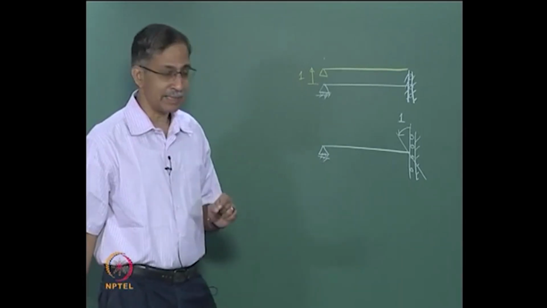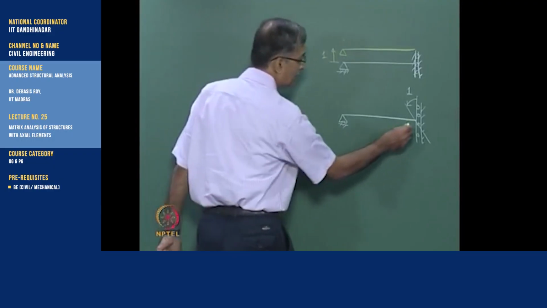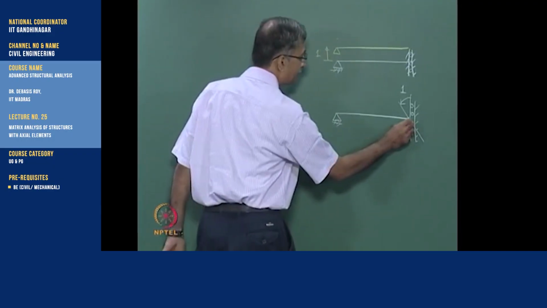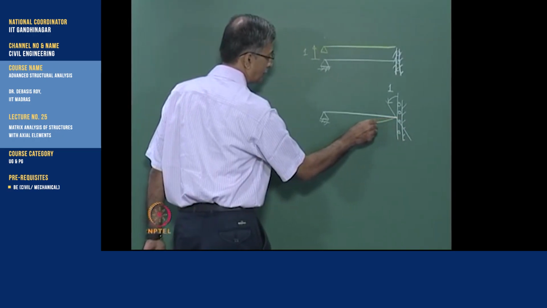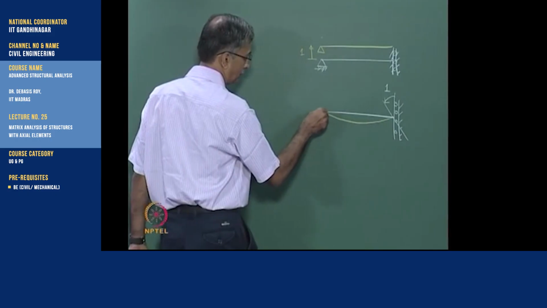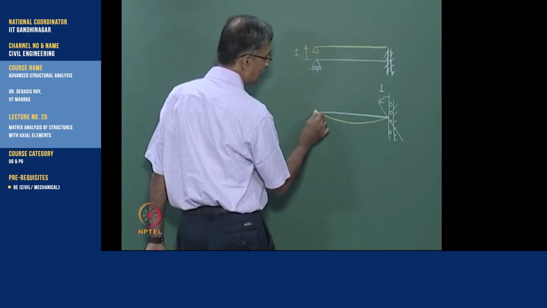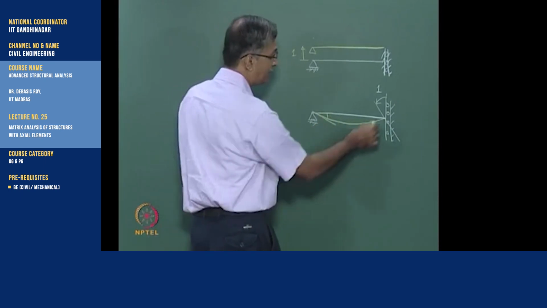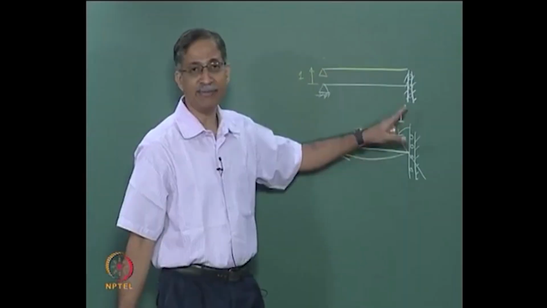So this is a little tricky because you might be tempted to draw it like this, in which case this angle will be half this angle, which is not necessarily true because this can deflect.